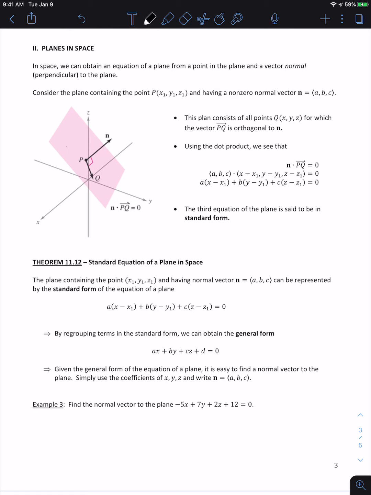So remember, one way to tell if two vectors are normal is that their dot product is 0.